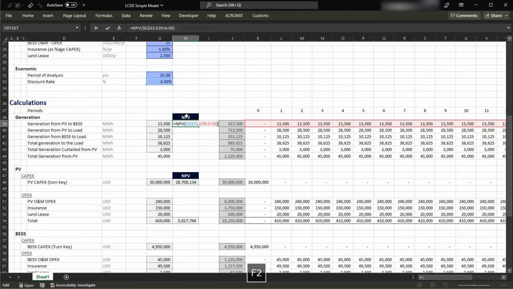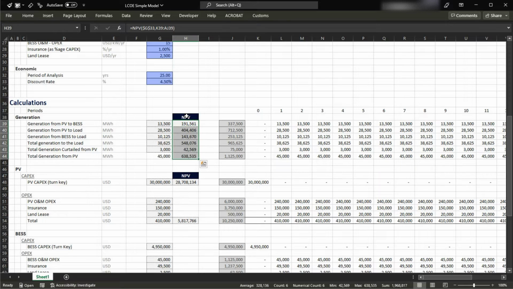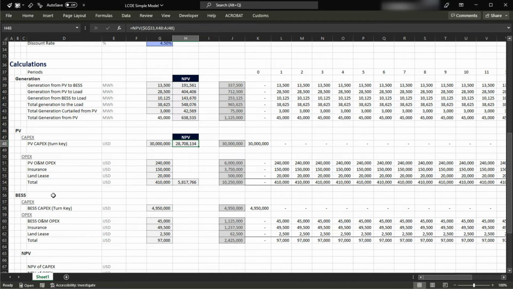Again, because of the right anchoring, if I copy and paste this across here, we're going to have all the right NPVs. So I'm calculating the NPV for each one of the energy streams, and you understand why I'm doing this right now. We have the NPV of the PV capex. We have the NPV of the opex here, and I'm going to copy this across here.